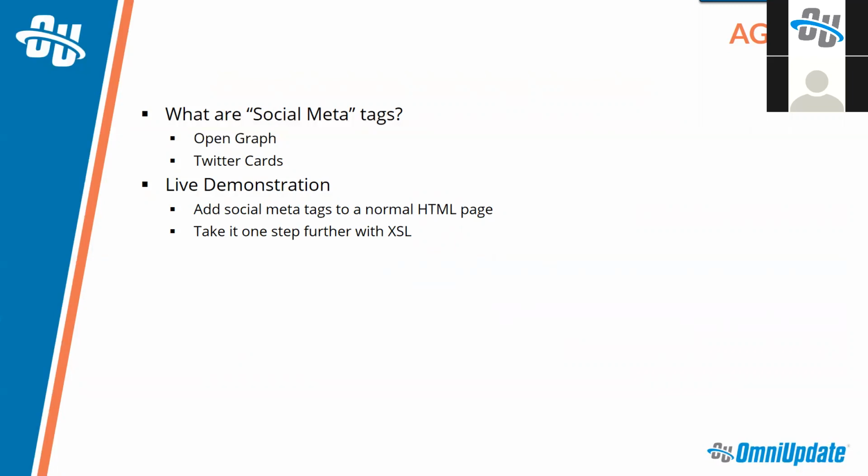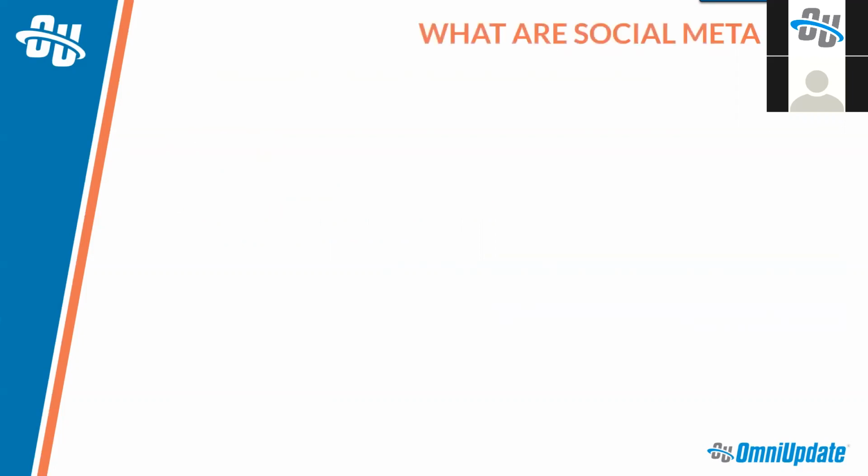So let's start off with the basics, just a quick little social meta tags 101 course, if you will. What are they in the first place? I'm assuming that most of you on this call are familiar with your normal metadata. Your things like your page title, your description, your keywords, things that are utilized for SEO purposes and things like that.